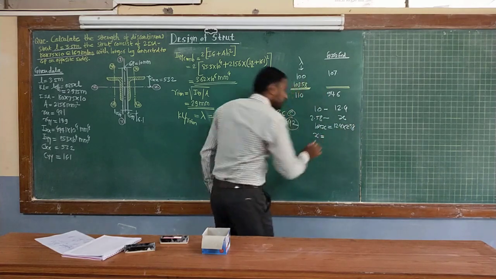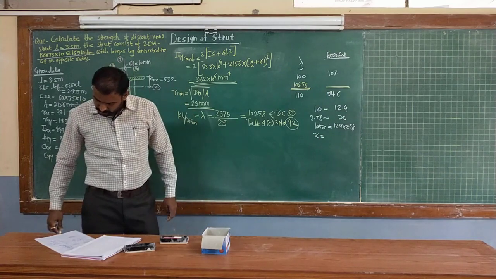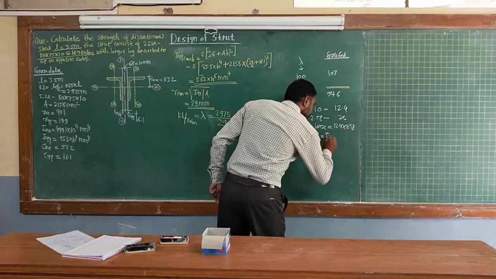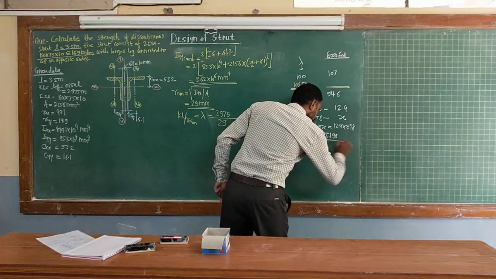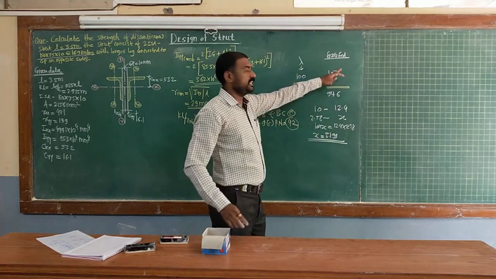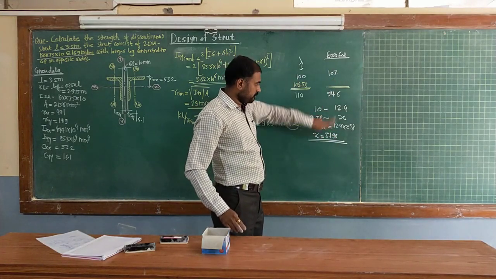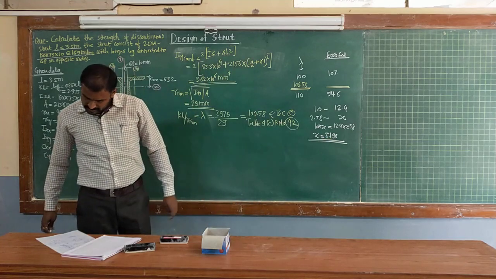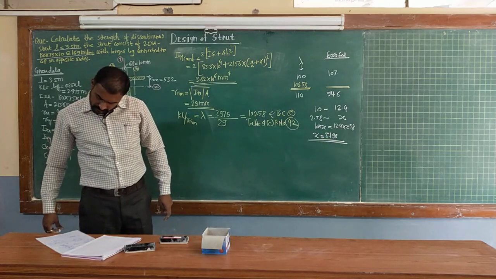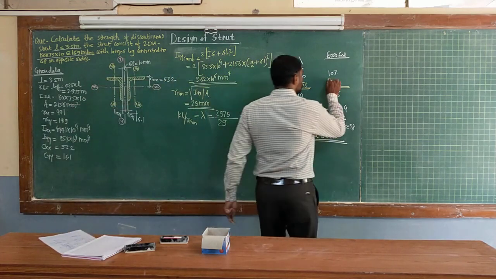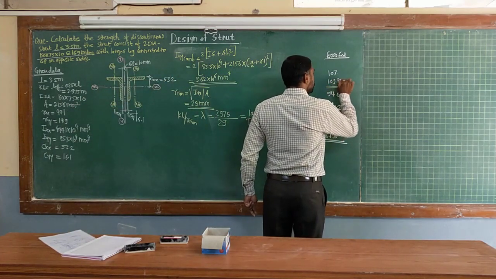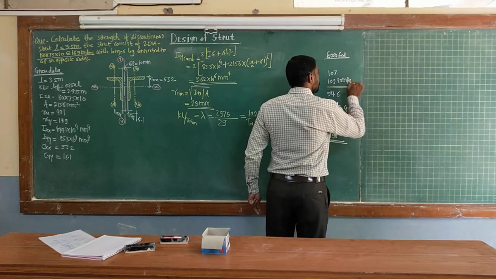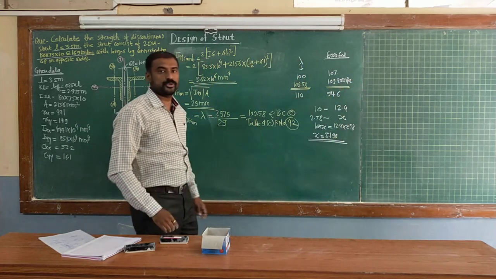So x will be equal to 3.199, and values are decreasing. So 107 minus the calculated difference 3.199, you get the answer 103.80 MPa. So this is the design compressive stress, correct?